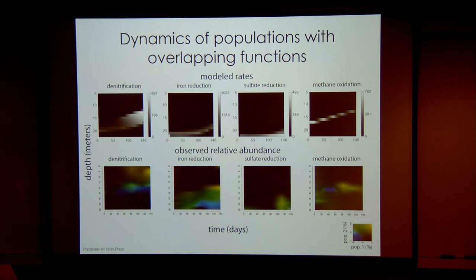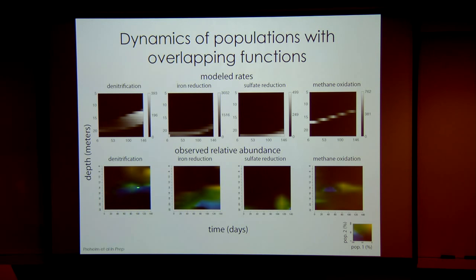The light colors show you where these are expected over time, with depth and over the course of the season. At the bottom, I'm showing you two organisms that have overlapping capabilities within the water column, two organisms that have the genes for denitrification or iron reduction. I've plotted one organism in yellow and the other in blue, and the overlapping area where they might be competing or found together is in green here.